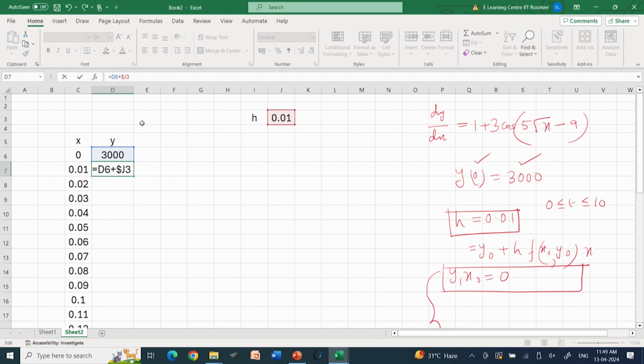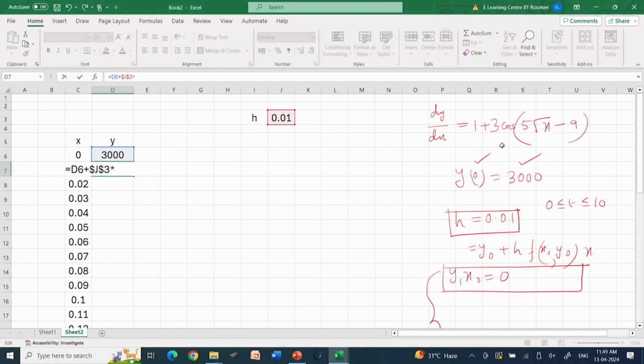So, I put a dollar here and I put a dollar here. So, this is h multiplied by f x0 y0. So, this is my function f x y. So, I have to put x0 and y0, the values here to calculate.